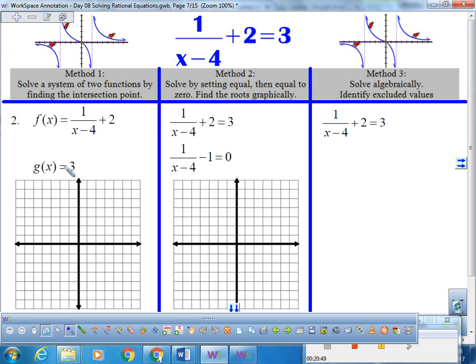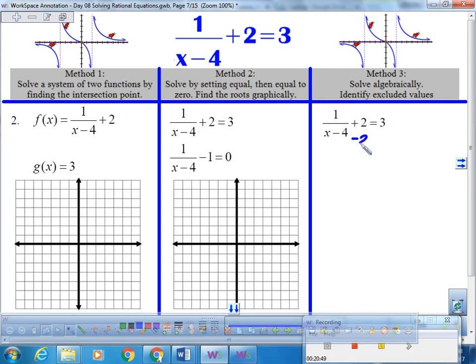That's one way to graph it. Or you can subtract 3 from both sides and set it equal to 0. And some of you liked it better when one side is 0 and then it's just whatever's on the x-axis. So graphing it 2 different ways. But when you're solving it, you'd have to subtract 2 from both sides first.